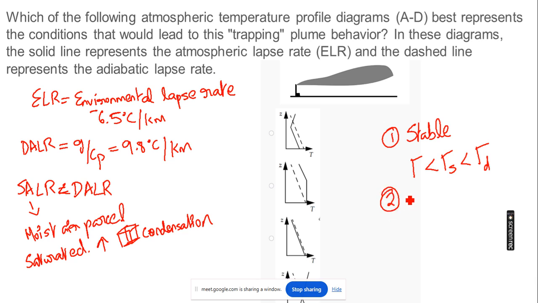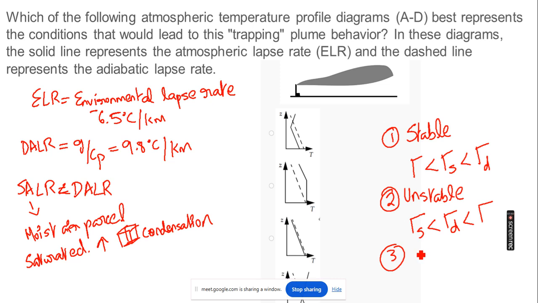The second one was the unstable atmosphere. In this case, the saturated adiabatic lapse rate and dry adiabatic lapse rate are lower than the environmental lapse rate, which means the temperature of the environment decreases at a higher rate compared to the parcel, so the parcel will always remain warmer than the environment.